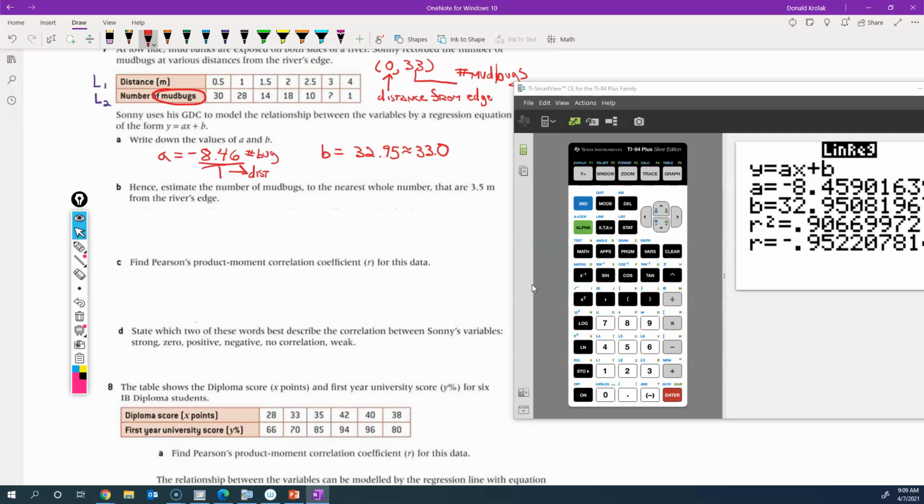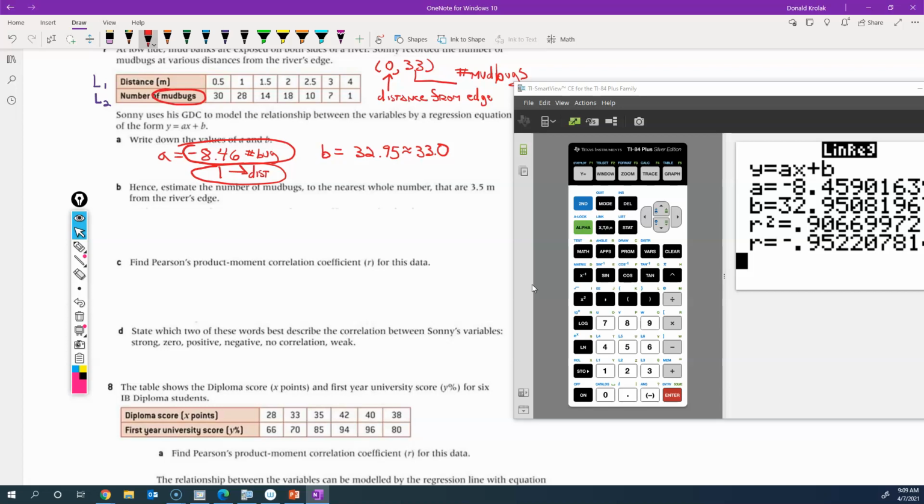So for every meter you move away from the edge, the number of bugs decreases by 8.5. So mud bugs live by the edge, obviously. Okay, so that's what this is telling you. That's what that means. For every meter you move away from the edge, the number of bugs decreases by around 8.